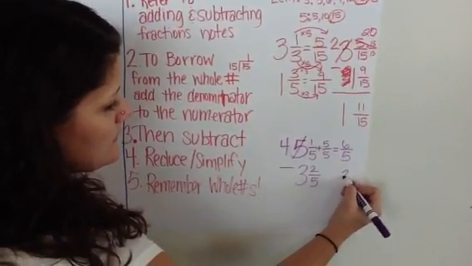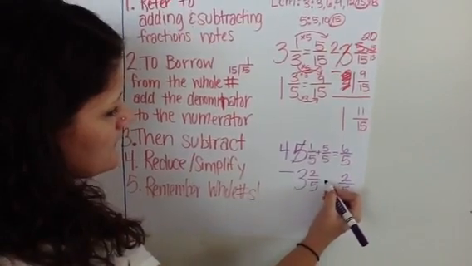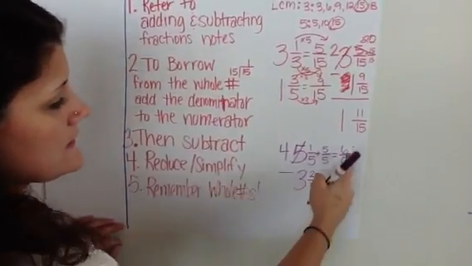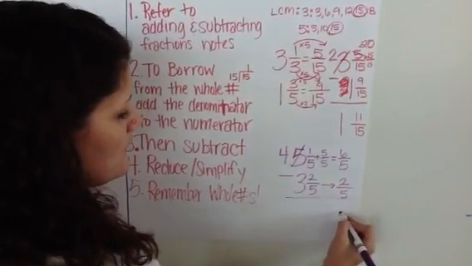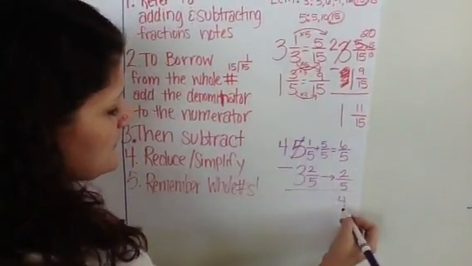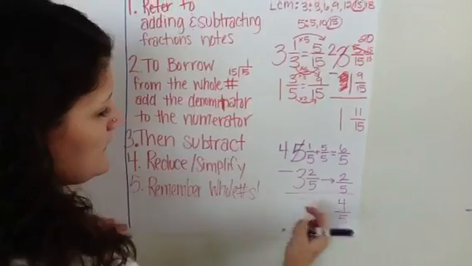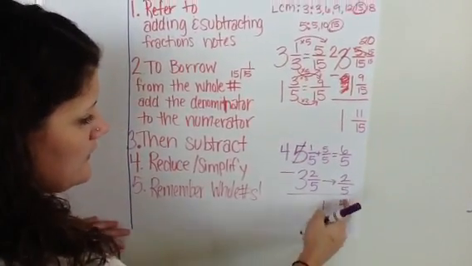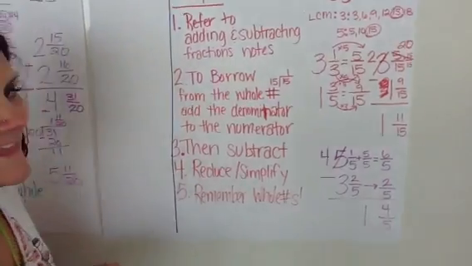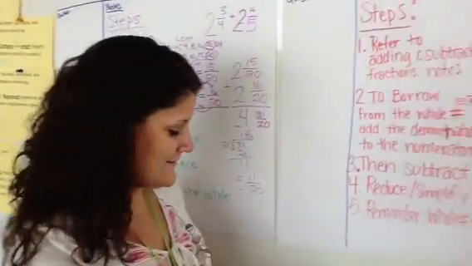And I'm going to rewrite 2/5 here. Just brought it over. And now I can subtract my numerators. 6 minus 2 is 4. Bring my denominator down. And then subtract 4 minus 3 is 1. So my answer is 1 and 4/5. Yay! That's it. Thanks, guys.